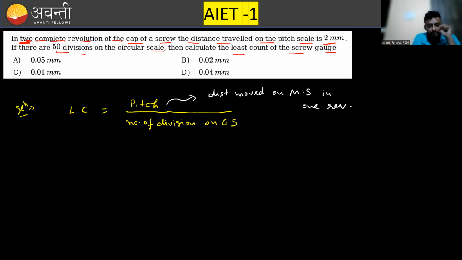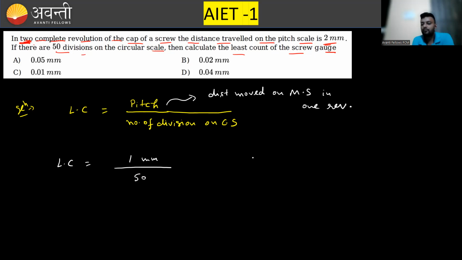So the question says that in two complete revolutions, the distance moved is 2 mm. So in one revolution, it will become 1 mm. This is the pitch, divided by the number of divisions on the circular scale, which are 50.